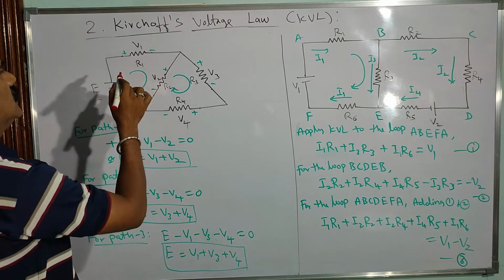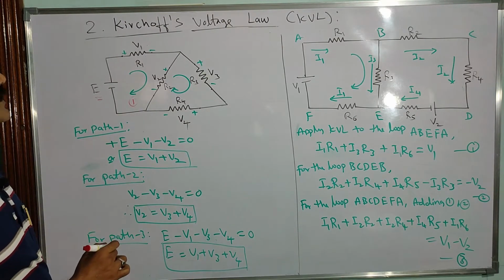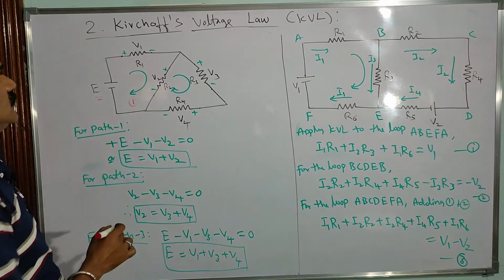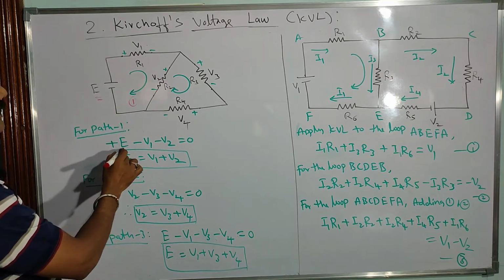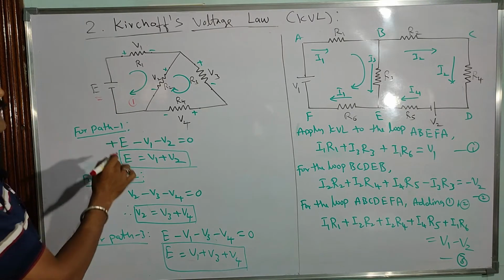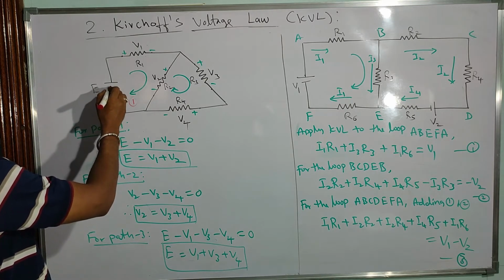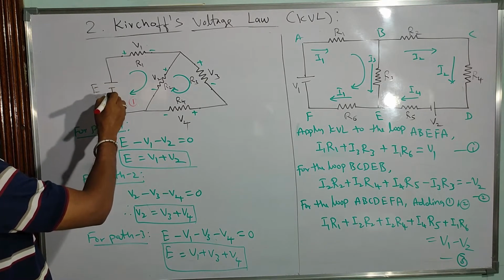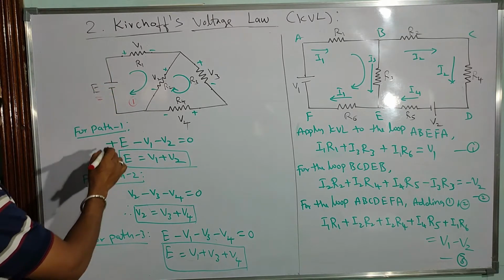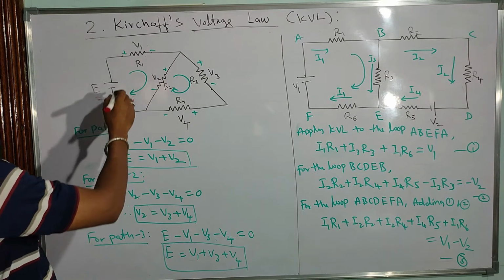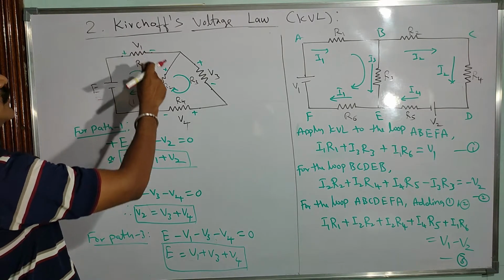Now apply Kirchhoff's voltage law for this path 1. How do you apply it? Very simple. You consider the supply EMF as plus E, because the voltage is raised from the negative terminal to the positive terminal inside the battery. The EMF rises from the source, so it should be positive. But that EMF is going to be dropped across the resistors R1 and R2.